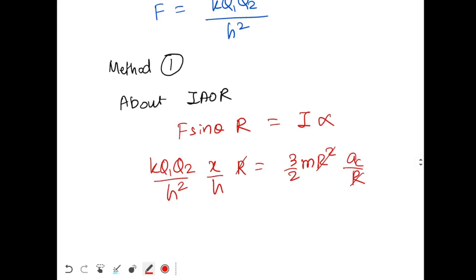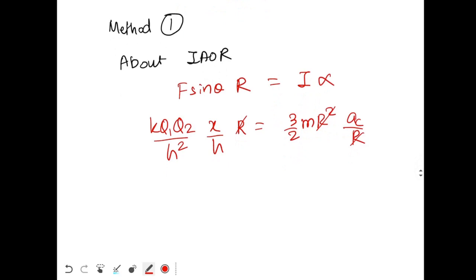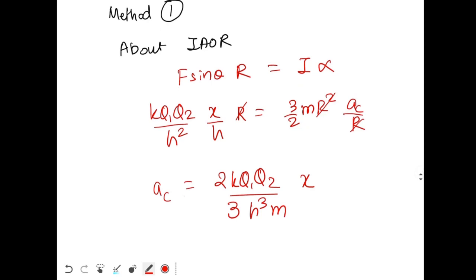Then I can write down ac will be equal to K Q1 Q2 by h cube into 2 by 3 m, and we have x over here. So as you can see that the acceleration is proportional to x. Acceleration is depending on x power 1. Okay. So this is in fact the condition for SHM, right?